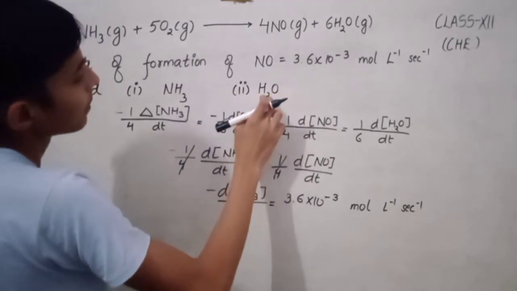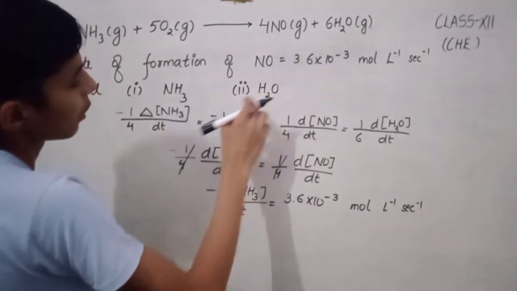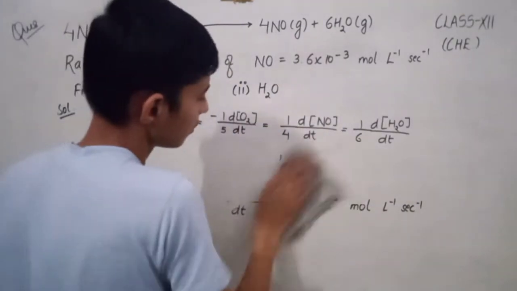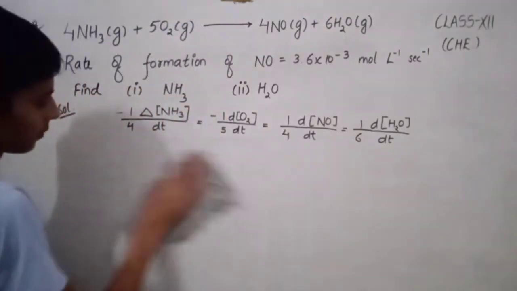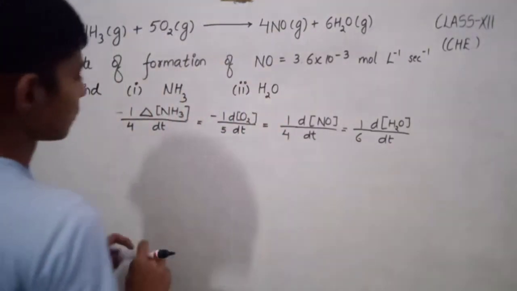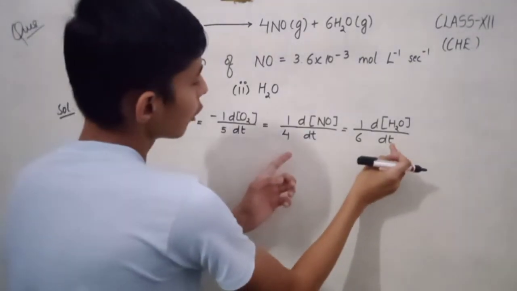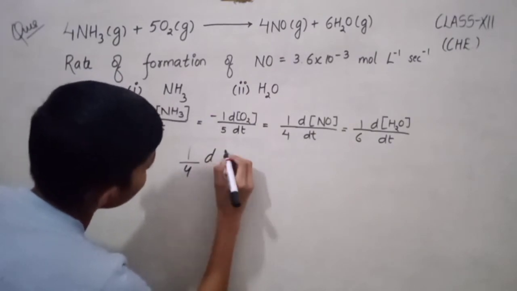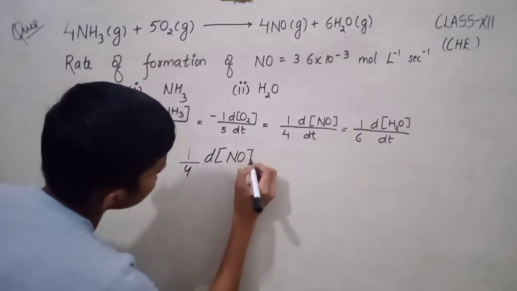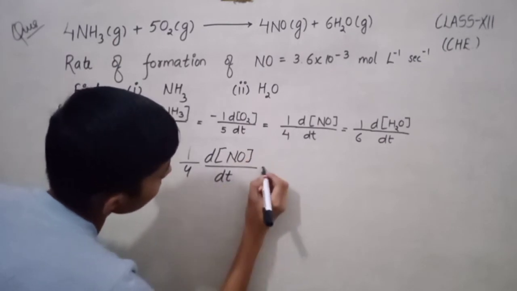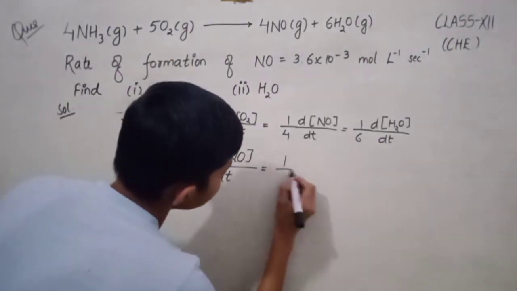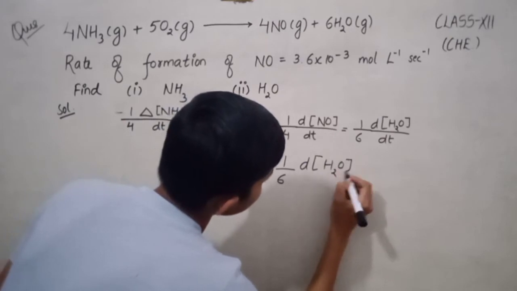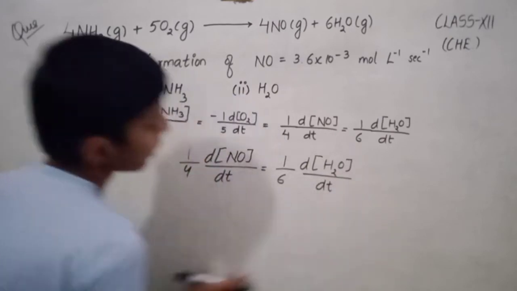And our second problem is we have to find the rate of formation of H2O. So we have to equate these two expressions: 1 by 4 d concentration of NO divided by dt equals to 1 by 6 d concentration of H2O divided by dt.